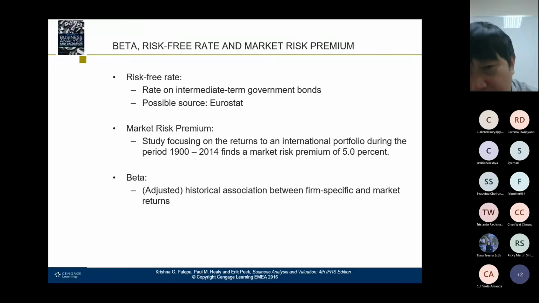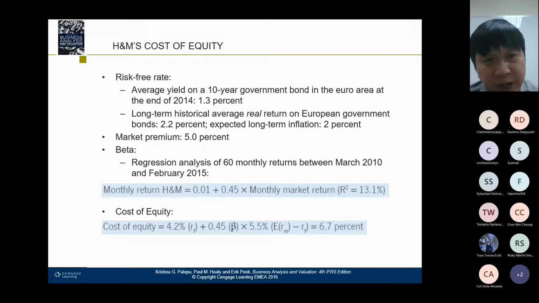A beta is adjustable and reflects risk. You get that from the historical association between firm-specific and market returns. The risk-free rate from the chapter is about 1.3%, from some historical data.